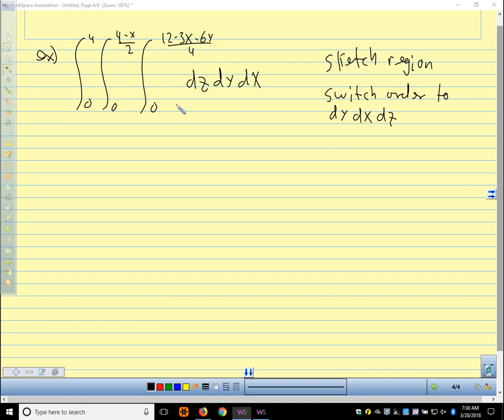All right, so from the limits, z goes from 0 to (12 minus 3x minus 6y) over 4. What is that? So z goes between z equals 0 and z equals (12 minus 3x minus 6y) over 4.